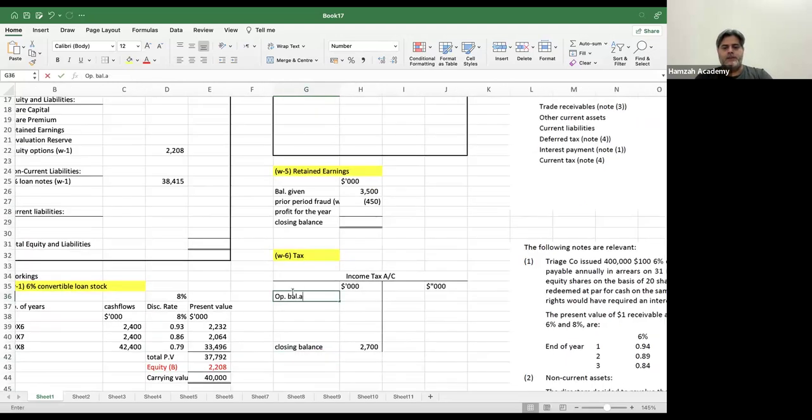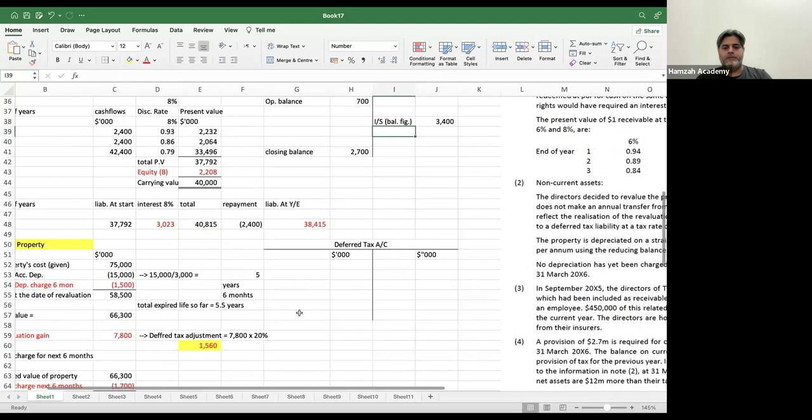So opening balance 700. So the income statement, as a balancing figure, is going to be 2,700 plus 700, which is 3,400.